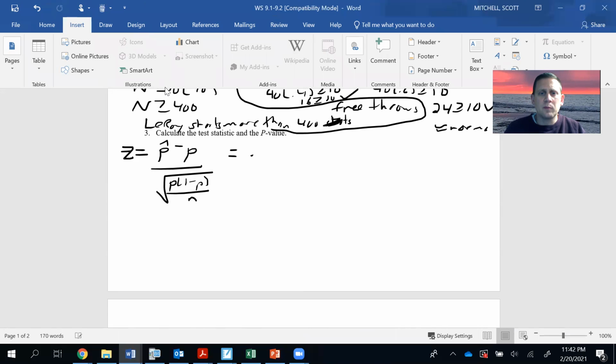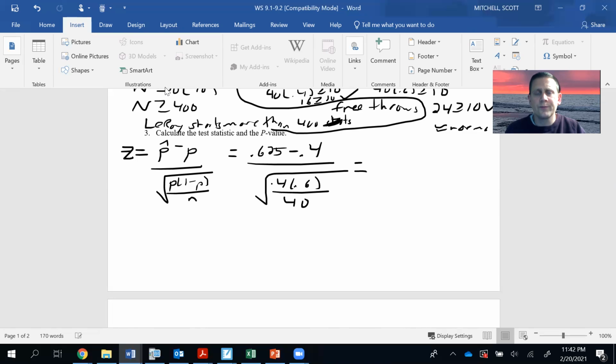So p hat is 0.625 and p is 0.4, right? We already found these two above. And then we're going to put in 0.4 times 0.6, 1 minus p. So these two have to add to 1. And then that's divided by 40.